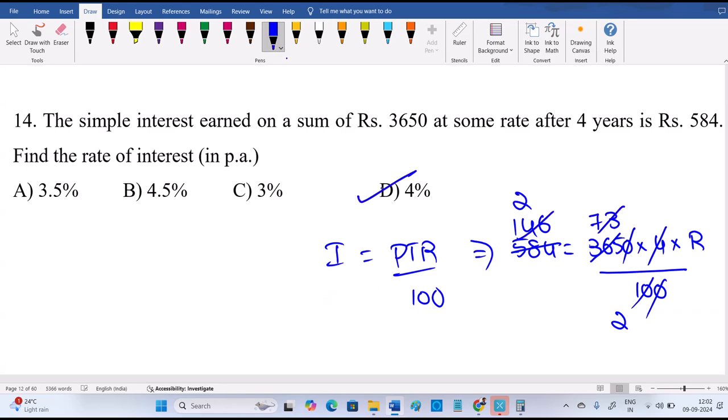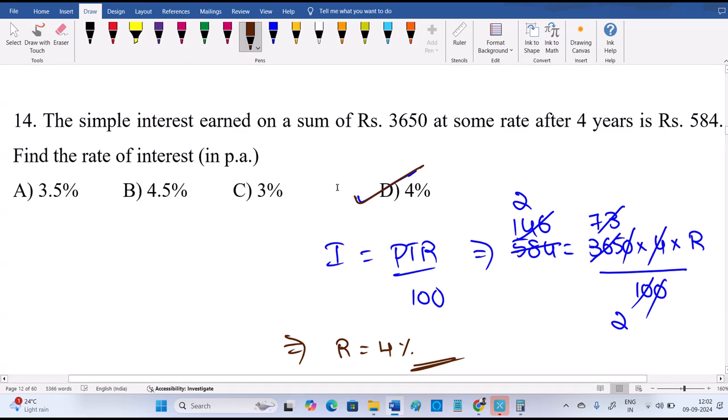So I think you got the R value 4. Cancelling all those, we can say R is equal to 4. 4% is the answer.